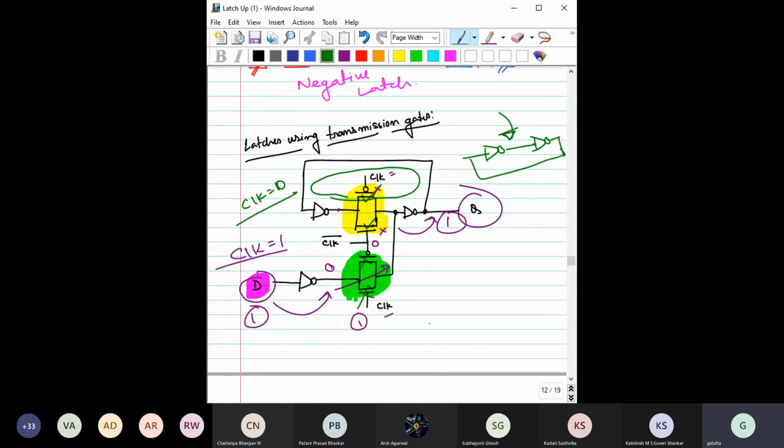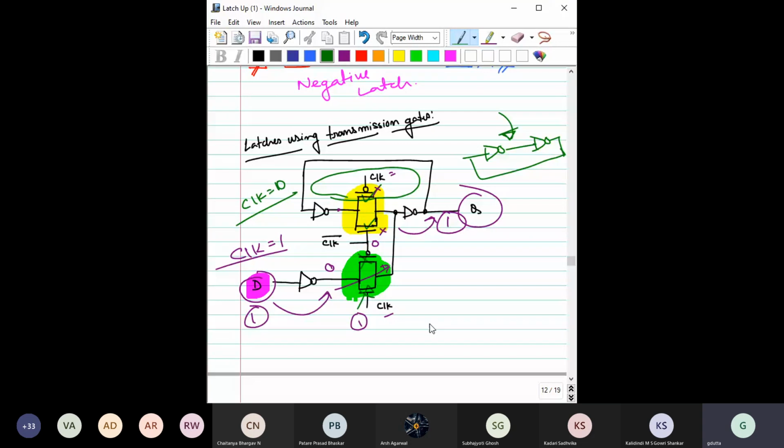Now the thing is that while discussing pass transistor, we have also discussed the transmission gate, right? Why have we moved from pass transistor to transmission gate? Because there was an issue of 1 VTH drop, right? That's why we shifted from pass transistor logic to transmission gate logic. But what was the advantage in case of pass transistor logic?